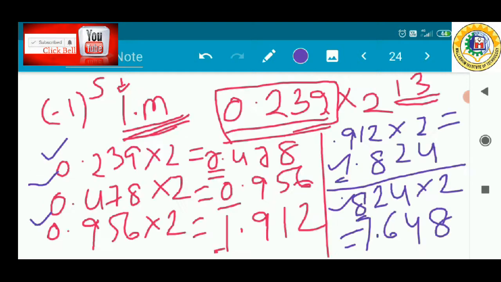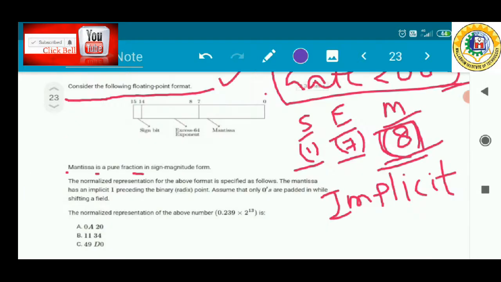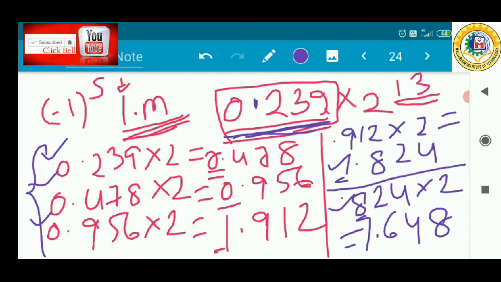So while converting this fractional decimal number to its binary equivalent, these are the steps, and we will consider up to 8 bits since the mantissa is 8 bits.